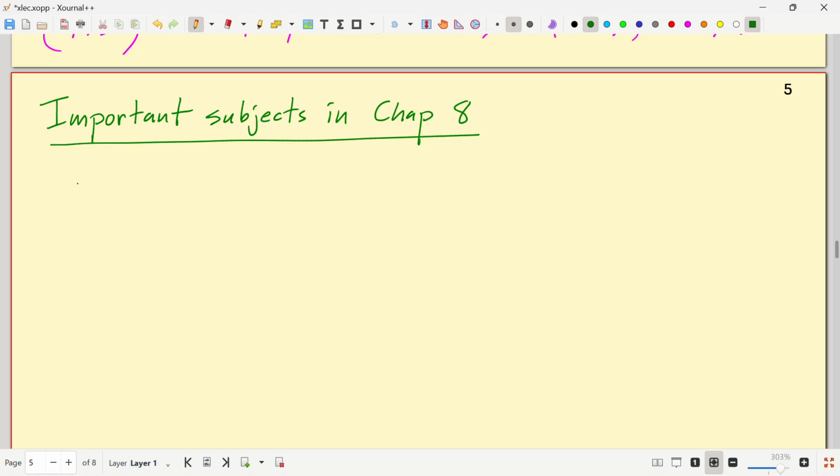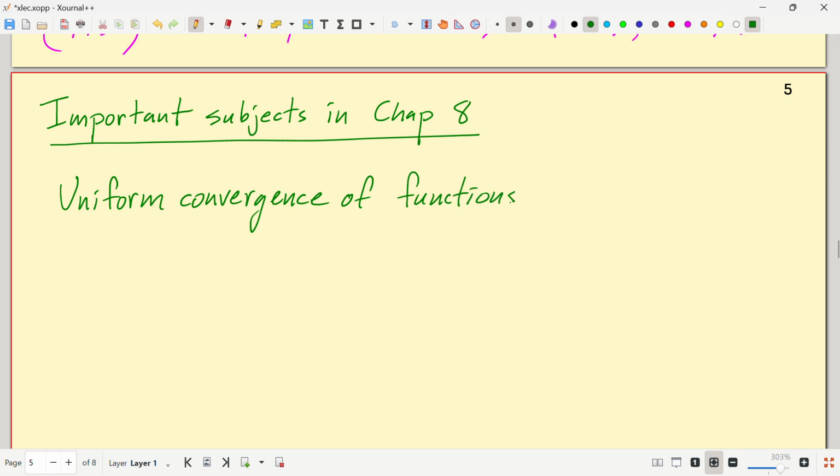There's an important concept of convergence, and that's uniform convergence of functions on an interval.